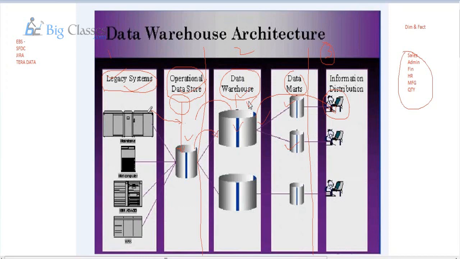In legacy systems the join conditions are more, so we write PL/SQL procedures on them. When it comes to the warehouse, the data is divided into different dimension tables, and then we can create the report. That is the advantage of a data warehouse.